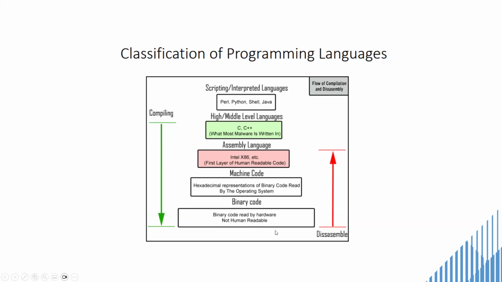So you play with 0 and 1. In a computer architecture course or other courses, you are mostly playing with binary code read by hardware. So we are here at the top of this pyramid, and we are going to work with Python. You can see that compiling is good here, but decoding gets very hard when you go from down to up.